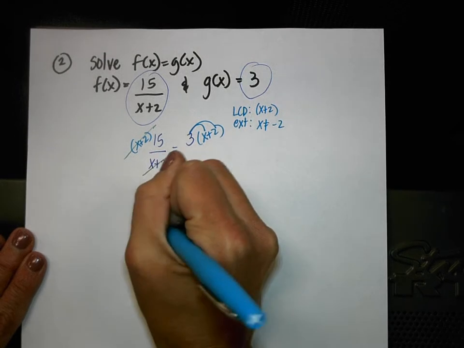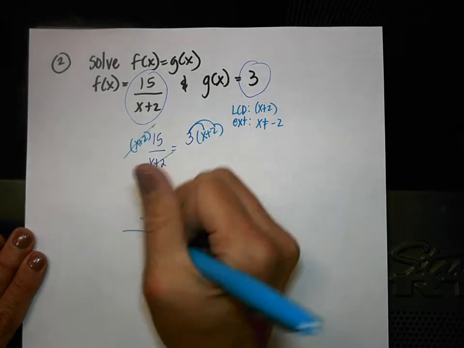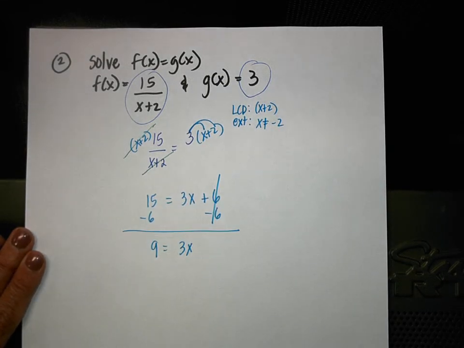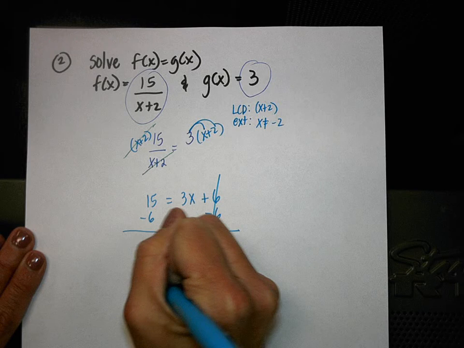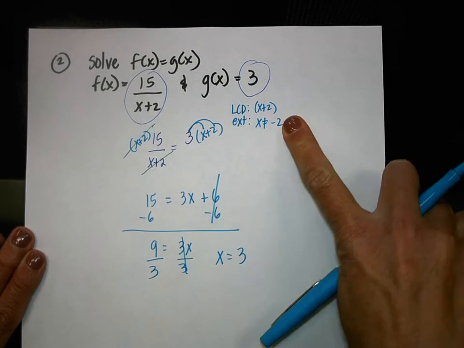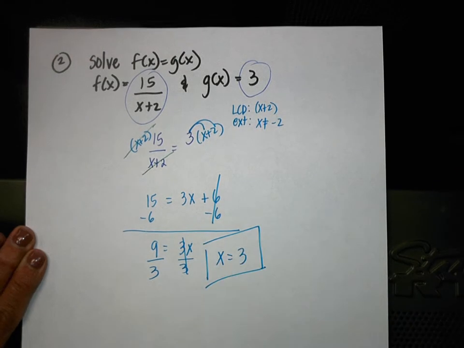Good. Subtract 6 to both sides. 15 minus 6 is 9. 9 equals 3x, and then last I'll do what? Divide by 3. And so what does x equal? 3. And we just want to double check it doesn't match an extraneous solution, and so it doesn't, and that is my answer.